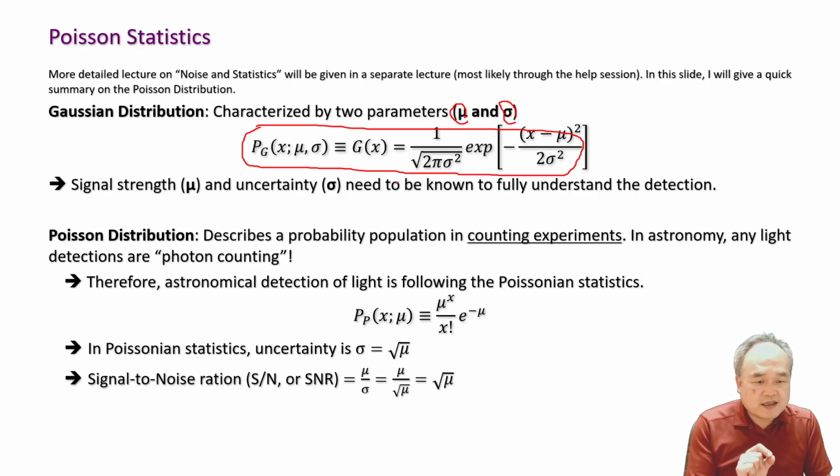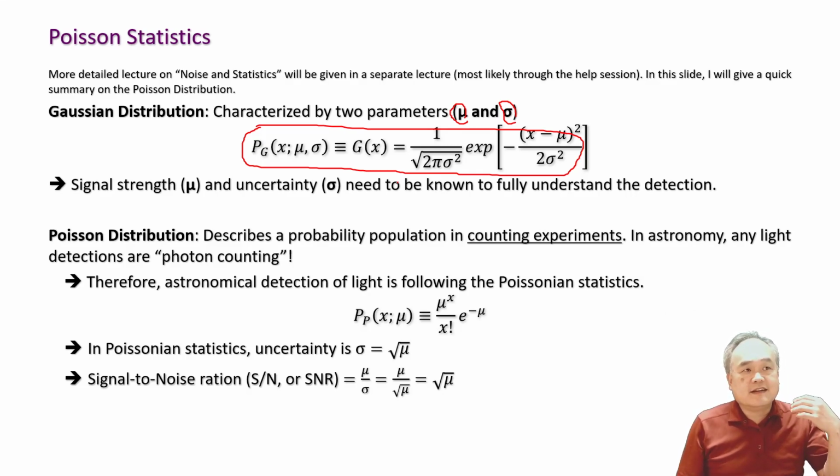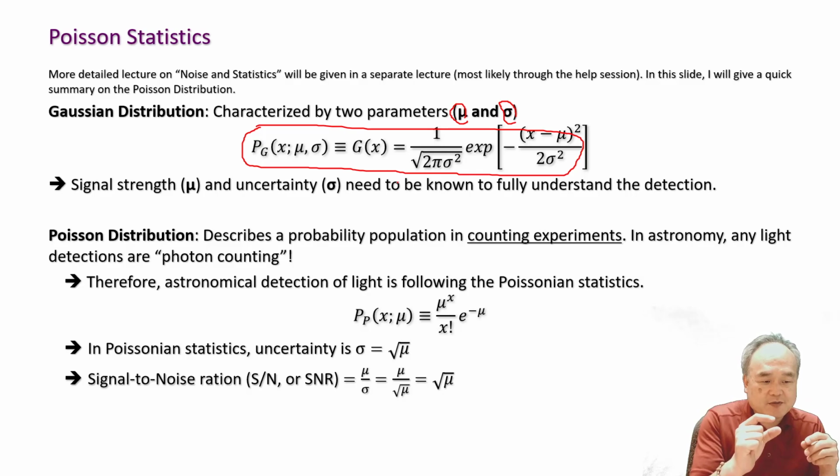So that 20 is the expected average value, right? Then the counting experiment is: with the expected average count of raindrops per second being 20, let's make the actual counting.